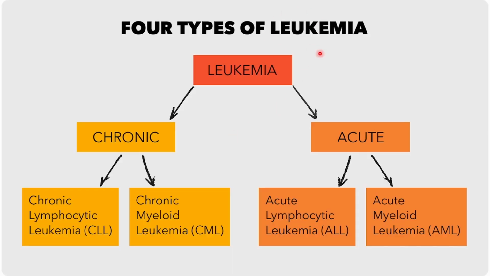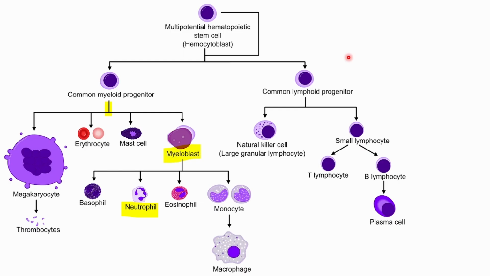Now what about leukemia? What is leukemia? Leukemia is nothing but blood cancer. That means these cells will be huge in number. Generally WBCs are around 4,000 to 11,000 in number in a healthy individual, but in case of leukemia, it crosses like 50,000 or 1 lakh in cell number.